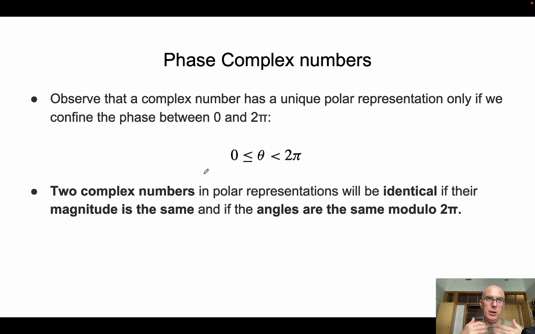So if we have pi over 4 as the phase, and then we have another number with the phase pi over 4 plus 2 pi, this will be the same phase. So we will confine theta between 0 and 2 pi.